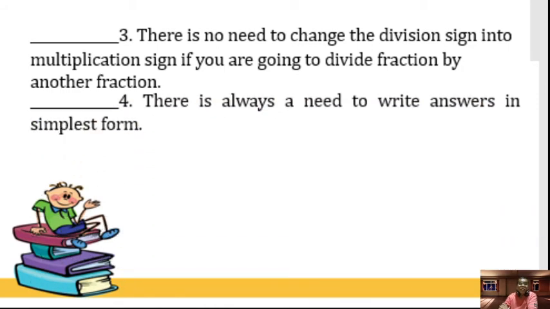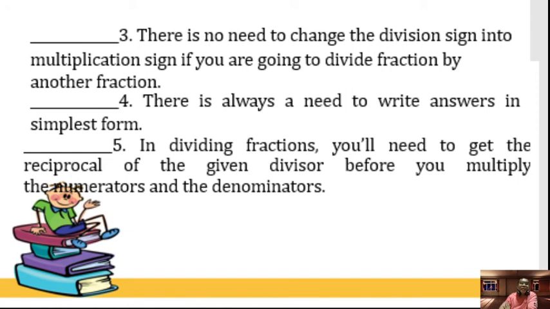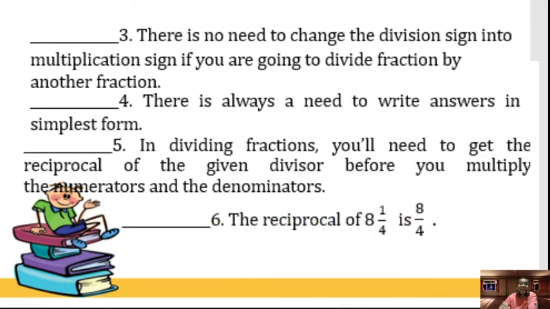4. There is always a need to write the answer in simplest form. 5. In dividing fractions, you'll need to get the reciprocal of the given divisor before you multiply the numerators and the denominators. 6.